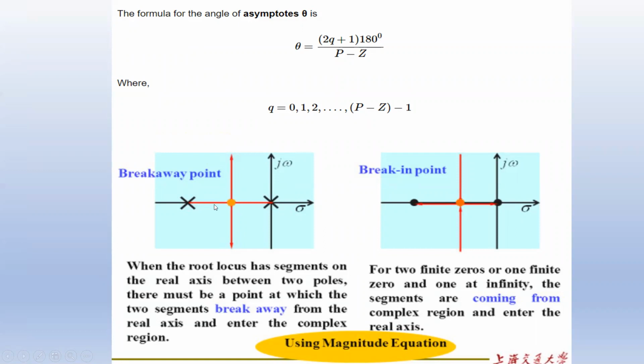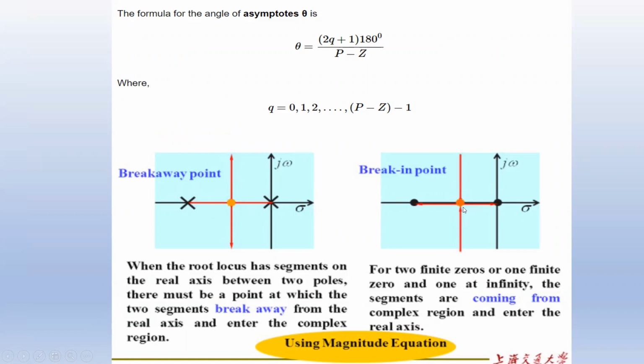That means the root locus plots are such that they are moving towards each other, and they will be splitting in their directions. The point at which they split in different directions is called the breakaway point, or the point at which we have multiple roots is called the breakaway point.